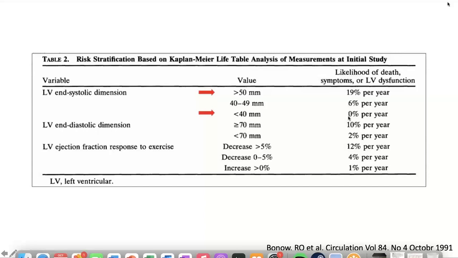They found that as that end systolic dimension increased, you can look at the marked increase in potential mortality from less than 40, 0% per year, to when it's over 50, 19% per year, which is pretty shocking. And this is a difference of potentially even 10 millimeters, and your mortality jumps from 0 to 20%. So it speaks to how important it is that when you catch this, monitoring for symptoms and LV dysfunction become paramount.